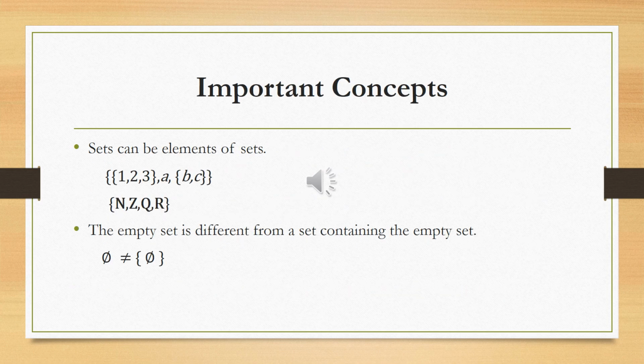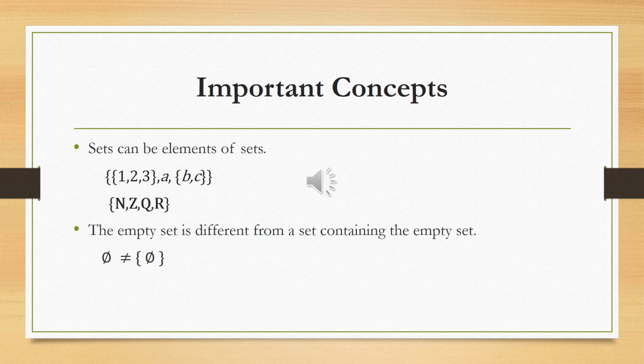Here are important concepts that need to be written down about sets. Sets can be elements of sets. As you can see here, you have this big set that consists of 3 elements, 2 of which are sets.